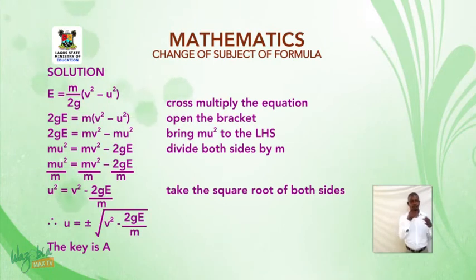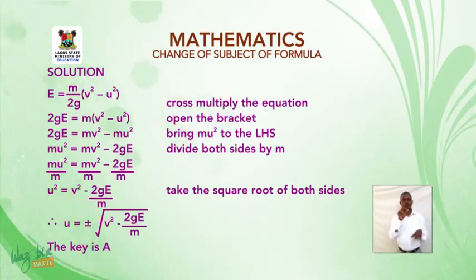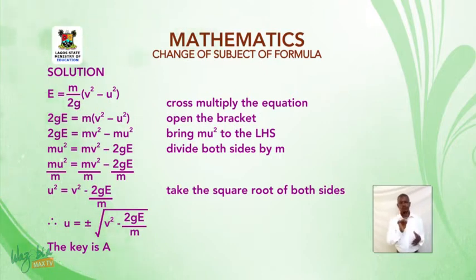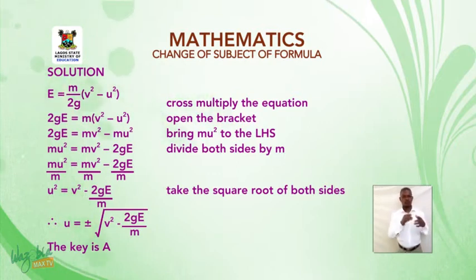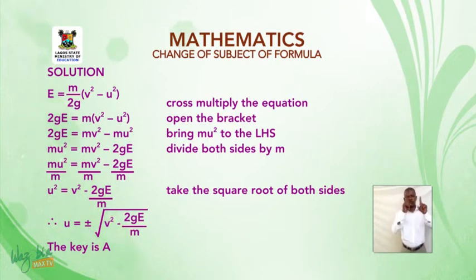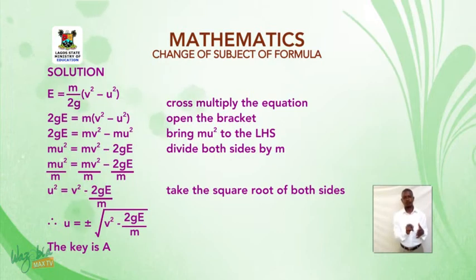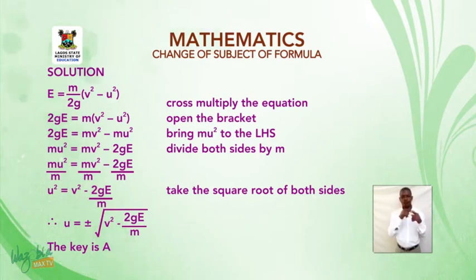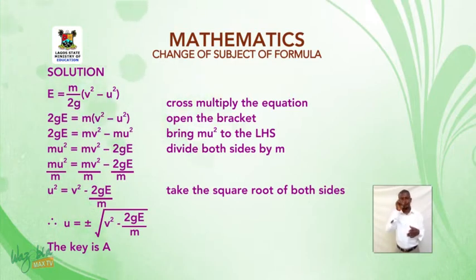Solution: E is equal to m over 2g bracket v square minus u square. Cross multiply the equation. 2gE is equal to m bracket v square minus u square. Open the brackets. 2gE is equal to mv square minus mu square.